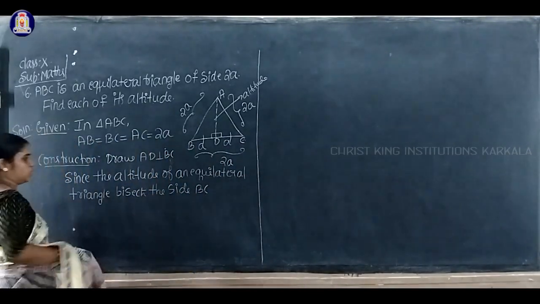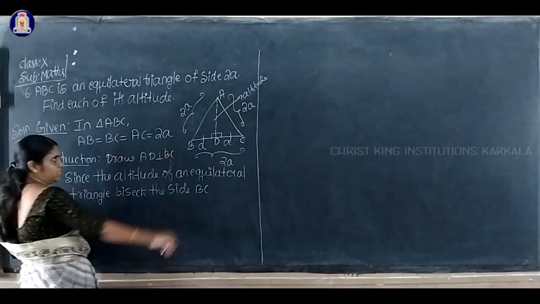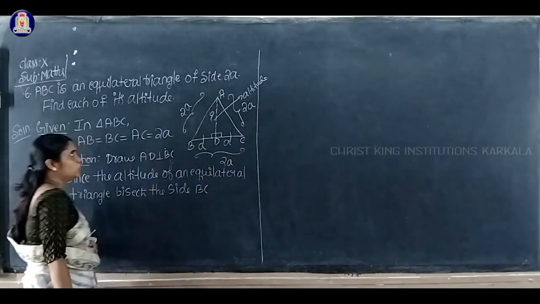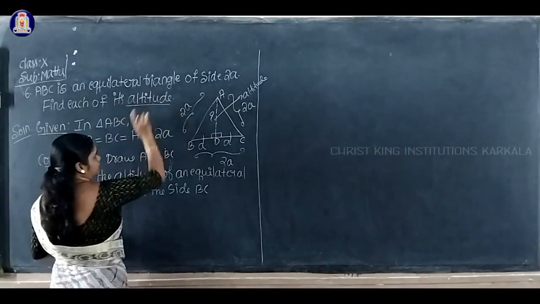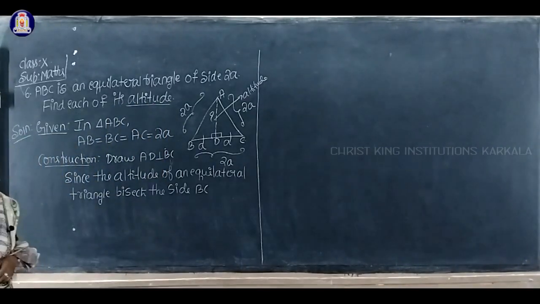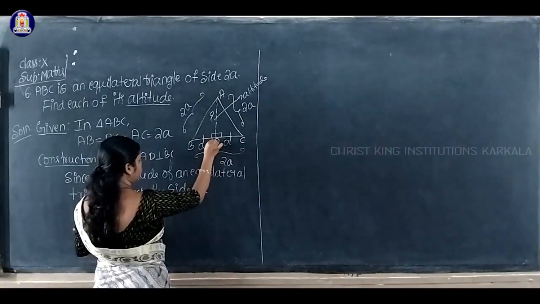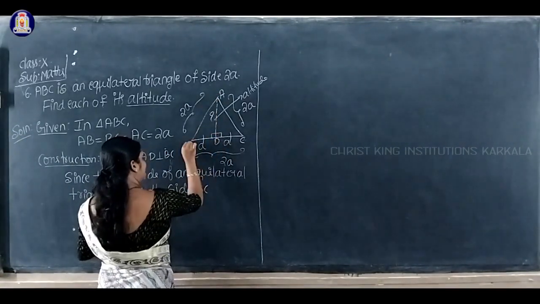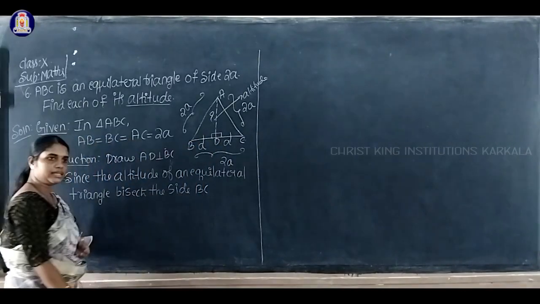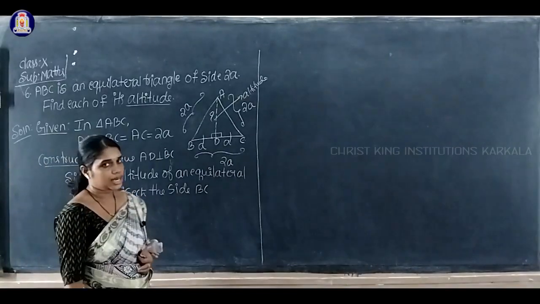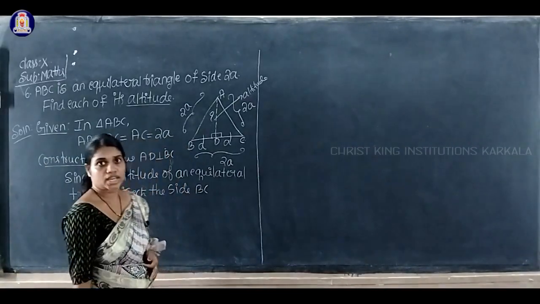Now, our intention is to find the length of AD. AD is the altitude. What is the length of AD? So can you observe here triangle ADB is a right angled triangle. Since it is a right angled triangle, can I apply Pythagoras theorem to this triangle?